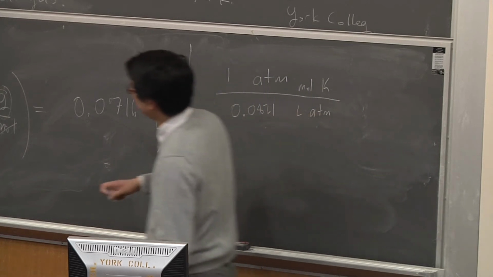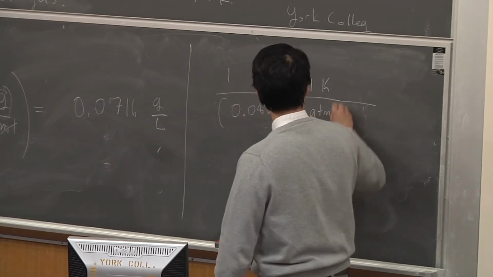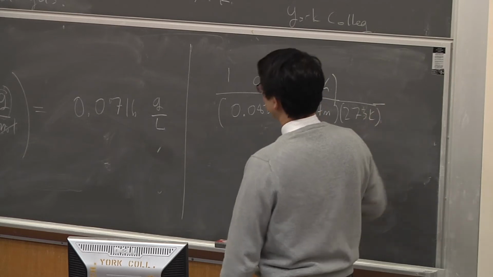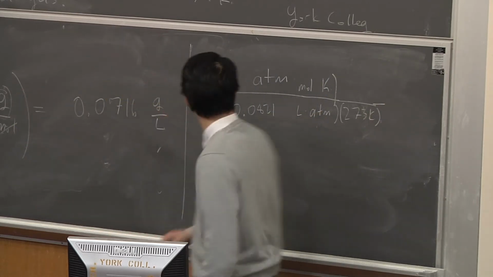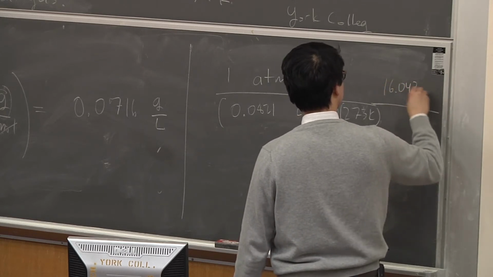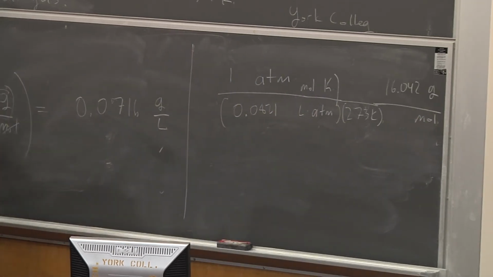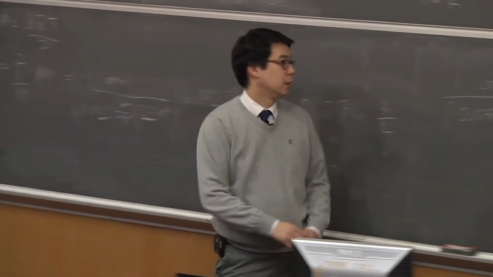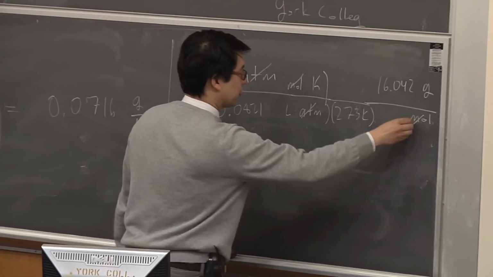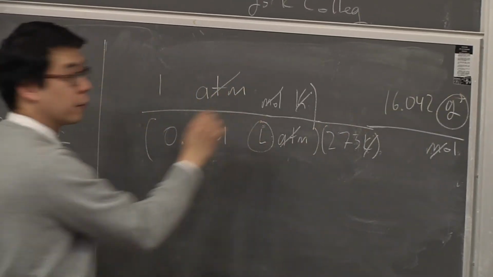What else is in the basement here is 273 K, and what's on top is 16.042 grams per mole. The trick here is to flip the mole Kelvin up onto the top. When that happens, the atmospheres cancel, the moles cancel, and the Kelvin cancel. What's left is grams over liters.